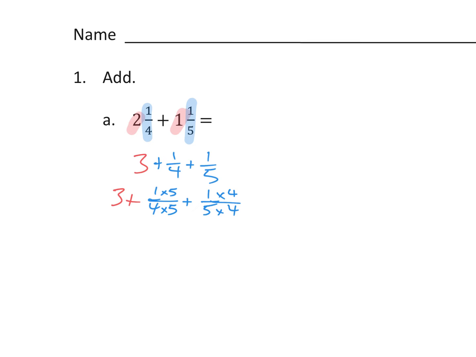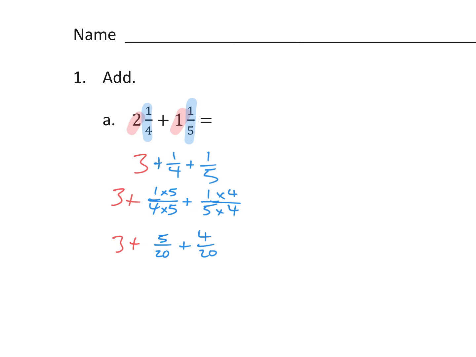And that's going to give me, looking at this one first, 5/20 plus, looking at this one now, 4/20. And then my whole number comes down again. So now I have 3 plus 5/20 plus 4/20. Since these are both 20ths, I can add them together.